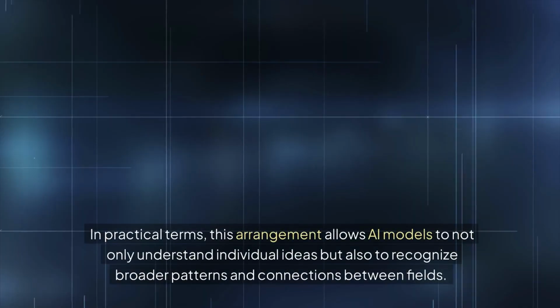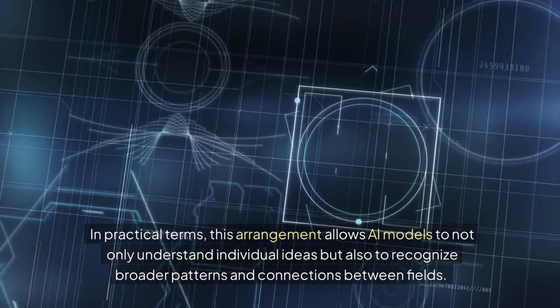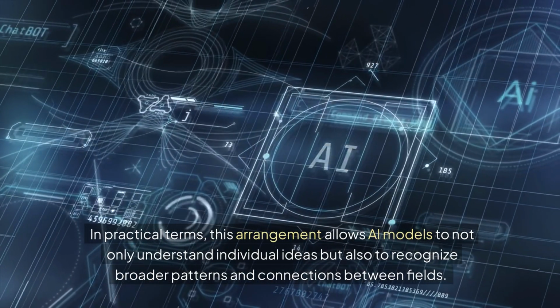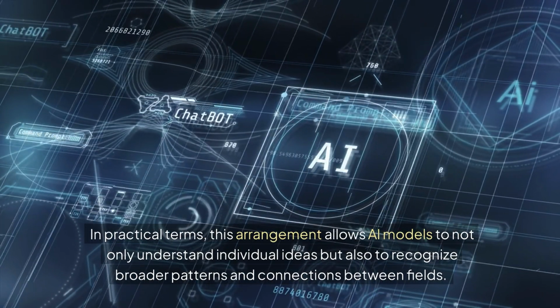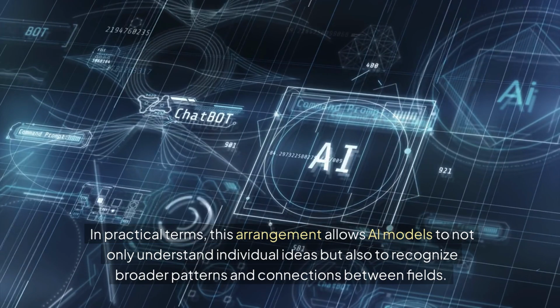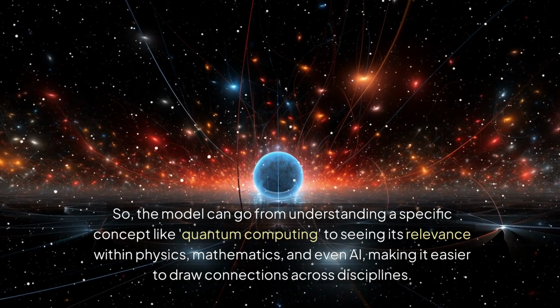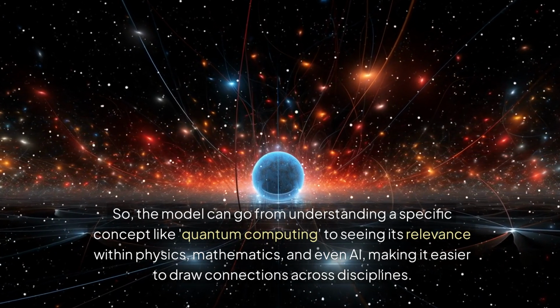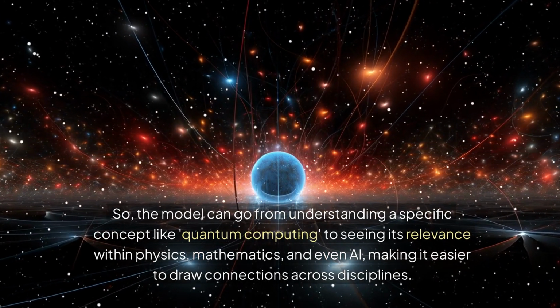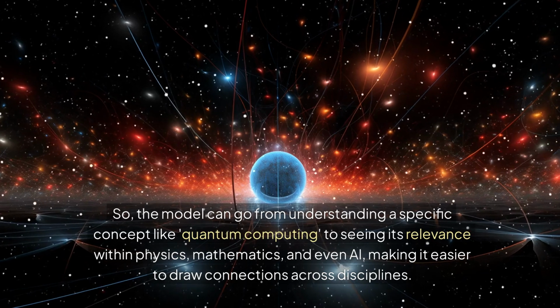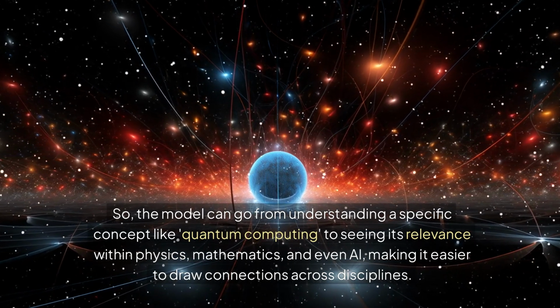In practical terms, this arrangement allows AI models to not only understand individual ideas, but also to recognize broader patterns and connections between fields. So the model can go from understanding a specific concept like quantum computing to seeing its relevance within physics, mathematics, and even AI, making it easier to draw connections across disciplines.